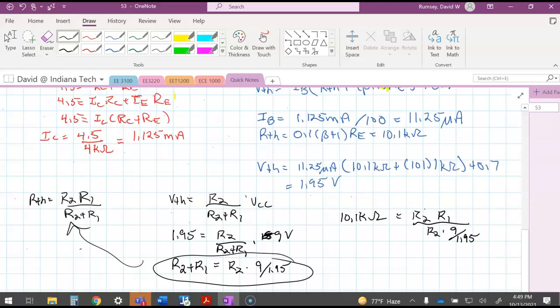And then the R2s cancel, and you wind up with R1 equal to 10.1 kiloohms times 9 divided by 1.95.